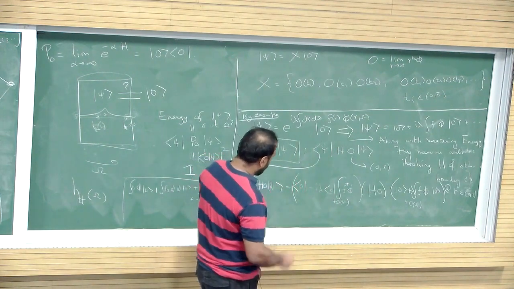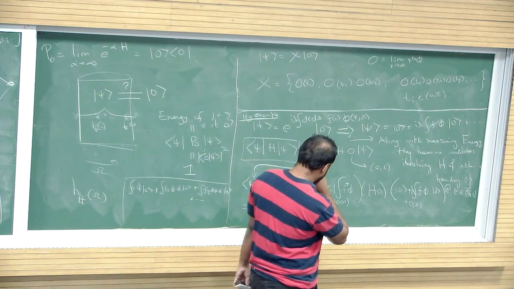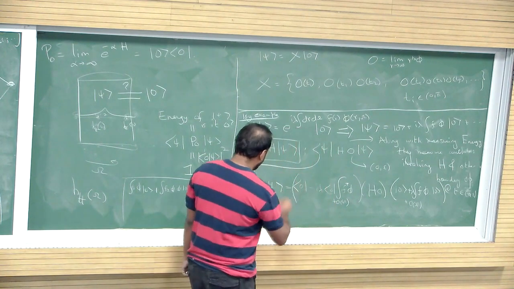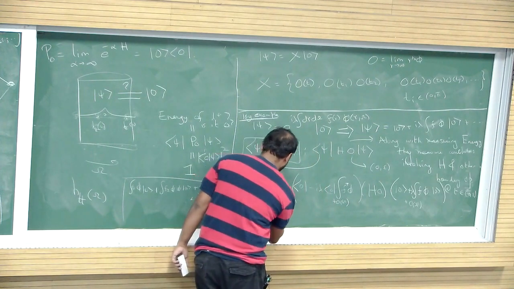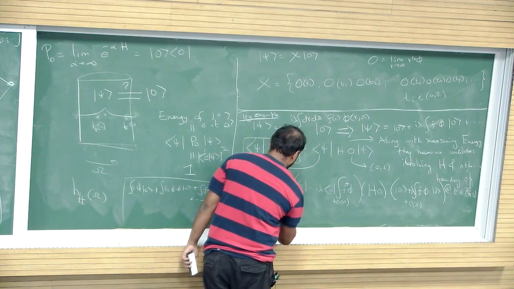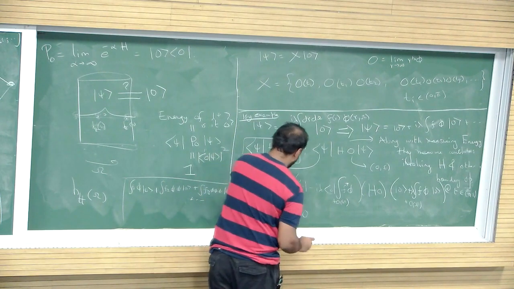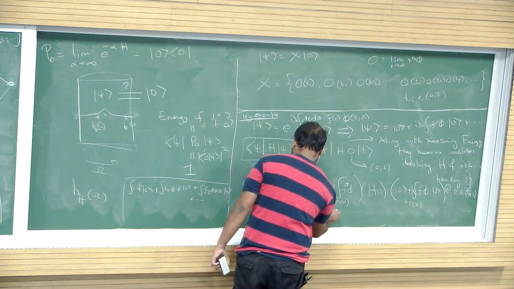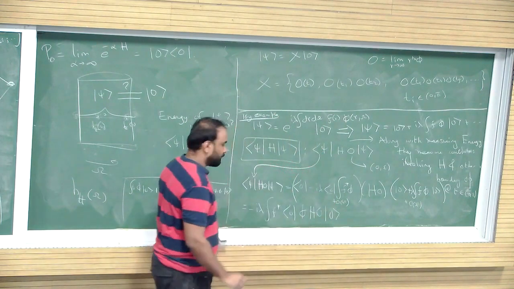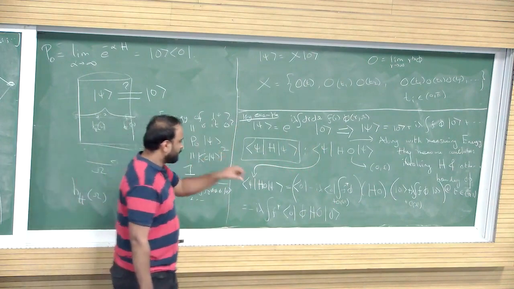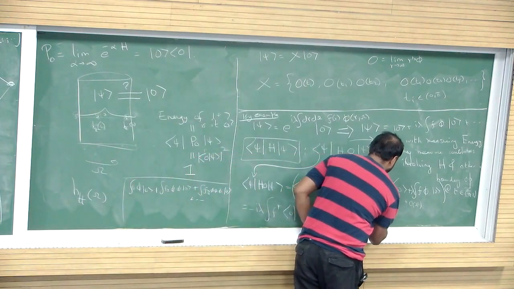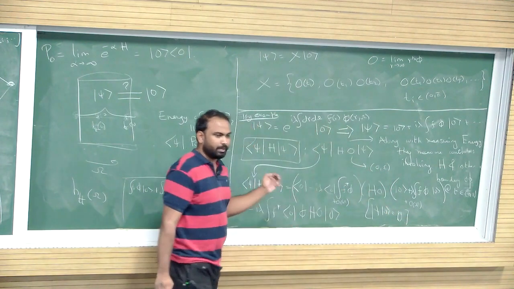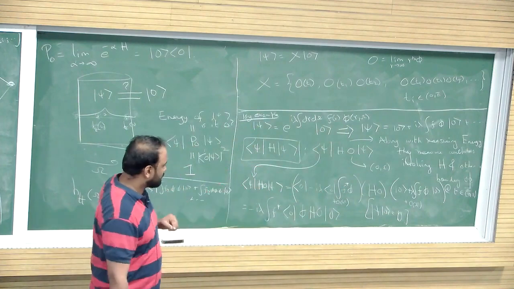Therefore, the only term that you would be left with through the leading order in lambda would be this guy. This is the only term that would survive once you assume that H acting on vacuum is 0. So you have to choose your H in that way, so that it subtracts off the vacuum energy.